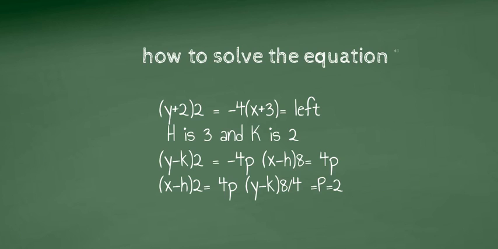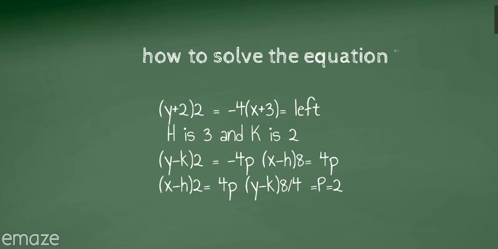Another example is (y plus 2) squared equals minus 4 (x plus 5). It opens left. The coordinates h and k will always be such that h is accompanied by the x, and the k with the y.